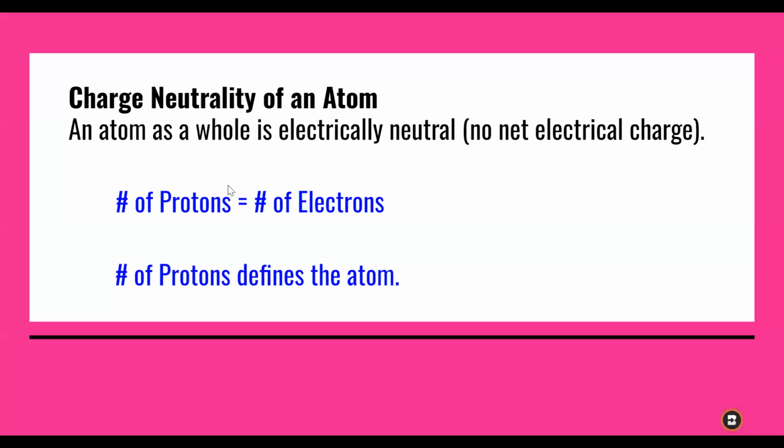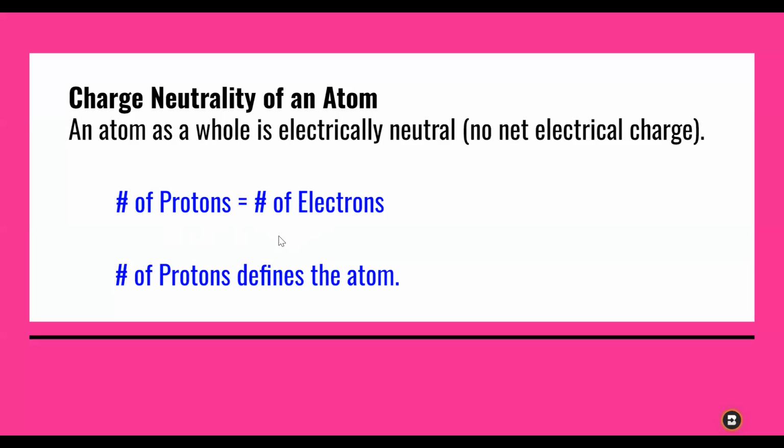So as discussed, for every neutral atom, the number of protons and electrons are equal. We also saw in the simulation that whenever you change the number of protons, the identity of the atom changes, because the number of protons identifies the atom, which is more like the social security number.